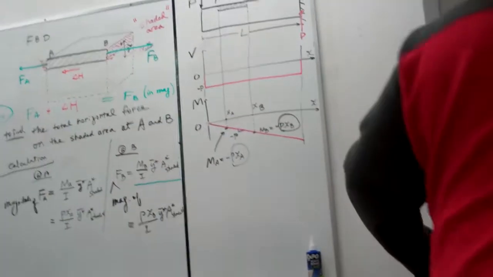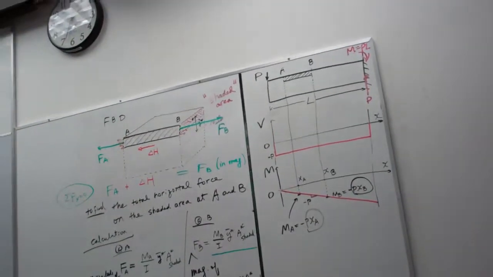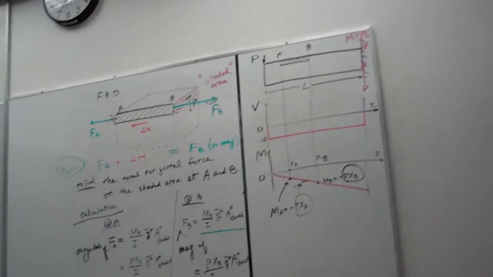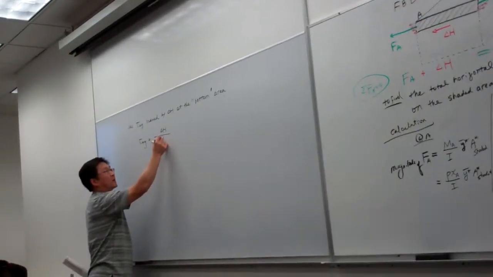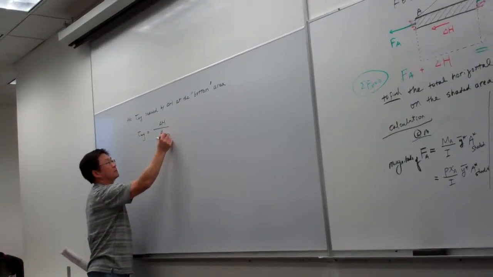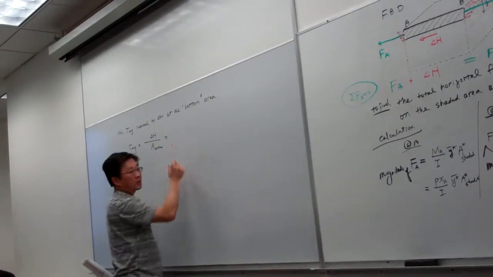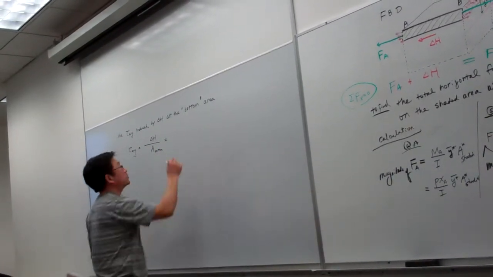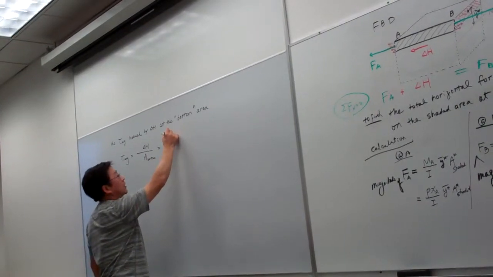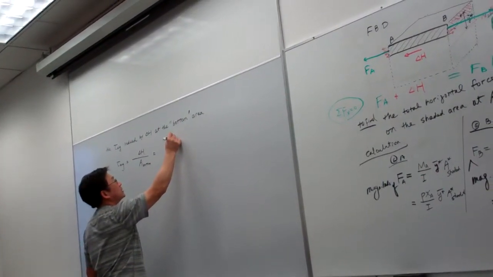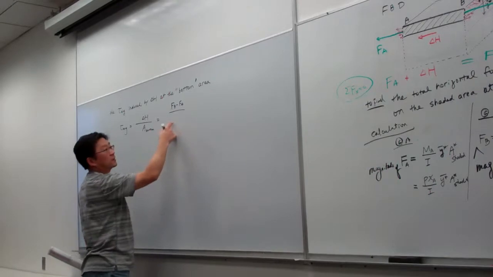Tau average will be equal to, by definition, force divided by the area of the bottom. Then we plug in the magnitude. Delta H is equal to FB minus FA, divided by the area.